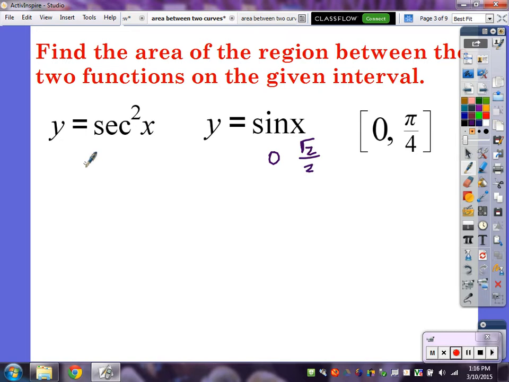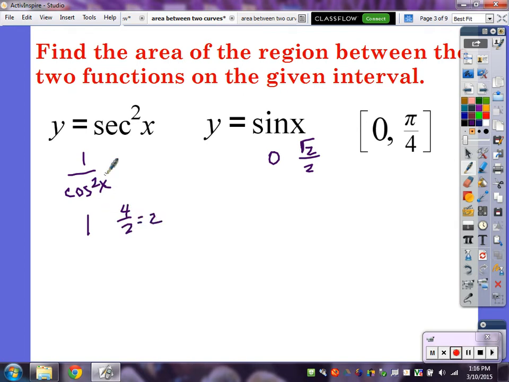Secant squared x is 1 over cosine squared x. And so cosine of 0 is 1. 1 squared is 1. So cosine of pi over 4 would be square root of 2 over 2, squared, which would become 2 over 4, which is on the bottom, so it would be 4 over 2, which is equal to 2.